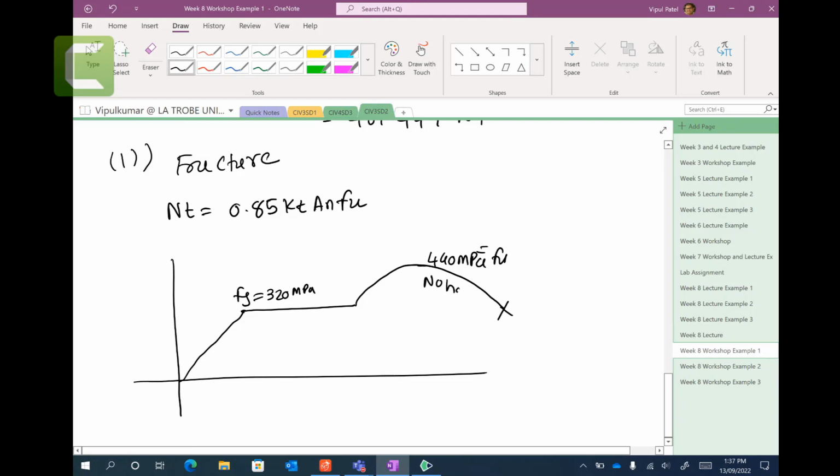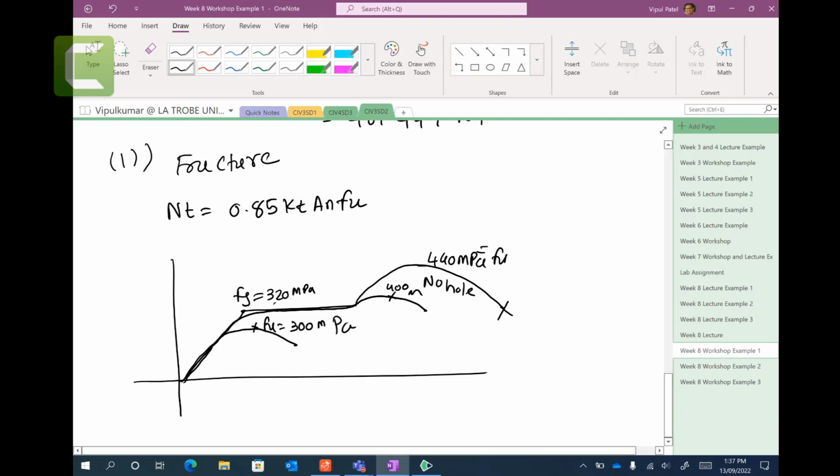When you put some holes, one or two, you will get this. Let's say you get about 400 megapascals FU. Your FU reduces. We put a hole and it fractures in the laboratory. Then if you put more holes, you don't even get 320. Let's say your FU becomes 300 megapascals.